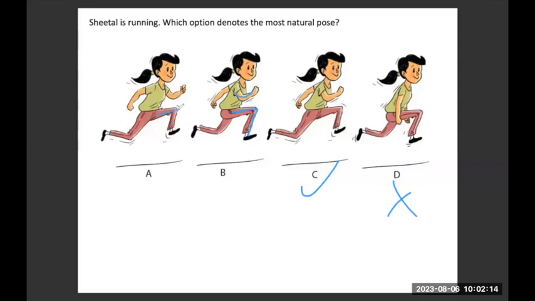The same is happening with option A: her left leg and her left hand are moving forward, which is not possible. Only in option C do you see the condition where the left leg is forward and the right hand is moving forward. When you're running, that is your natural pose. Whichever foot moves forward, the hand on the opposite side will be moving forward. That's why C will be the correct answer.